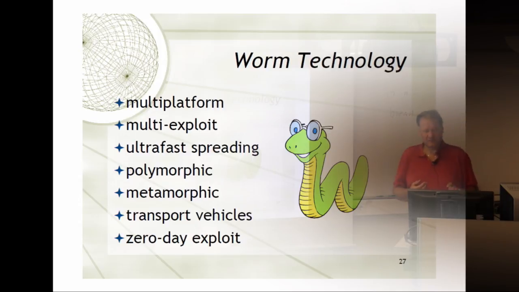Multi-exploit, like we see in the Morris worm, they try to exploit more than one thing. That one was using three different techniques to spread. They often try more than one at least. They can be very fast to spread. They can be polymorphic and metamorphic again, trying to hide. They are often today transport vehicles for different payloads. So they're not just like the Morris one trying to spread, they also carry something with them.